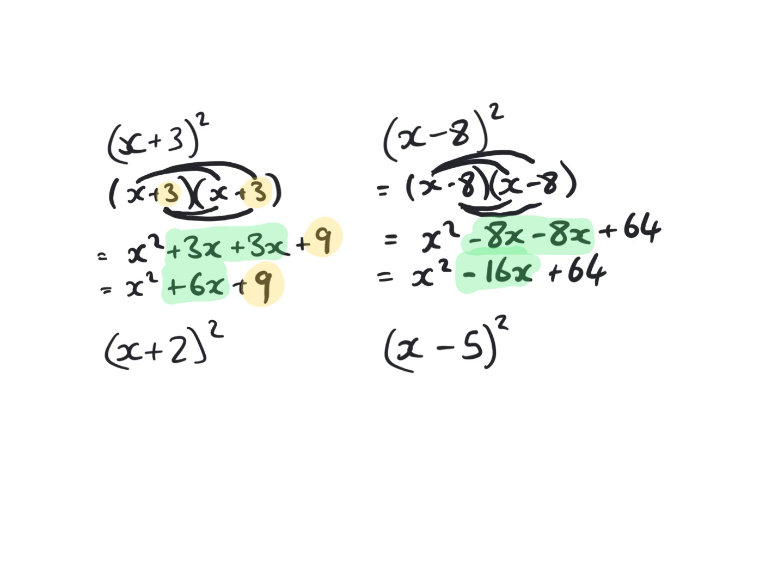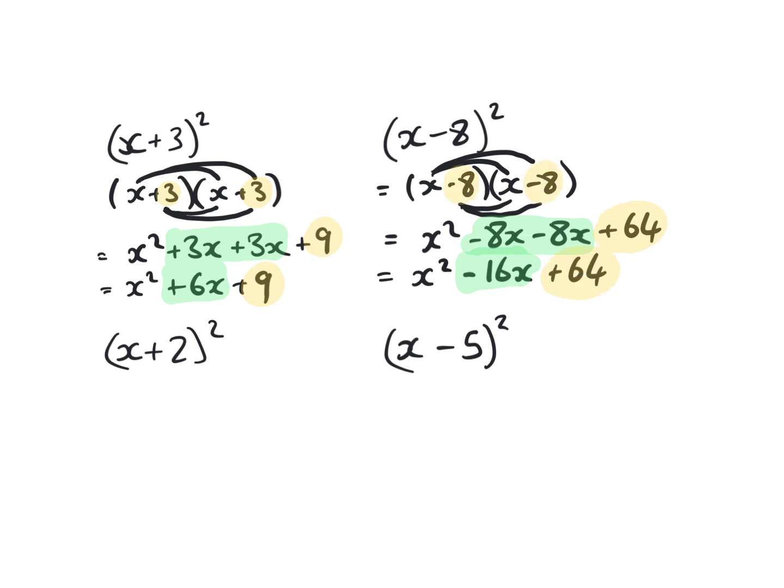Because I've got minus 8 there, I get a minus 8x and a minus 8x, and therefore I get double that amount, negative 16. And that last term, this 64, is created by squaring this negative 8, so negative 8 times negative 8.